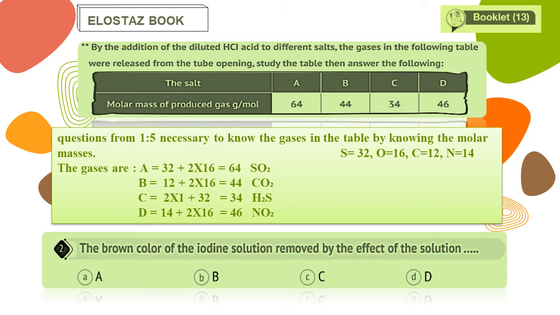The brown color of the iodine solution disappears due to the formation of which ion? Which gas will remove the brown color of iodine solution when present in the solution? We will discuss it.